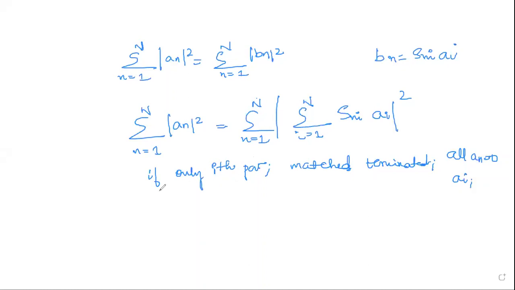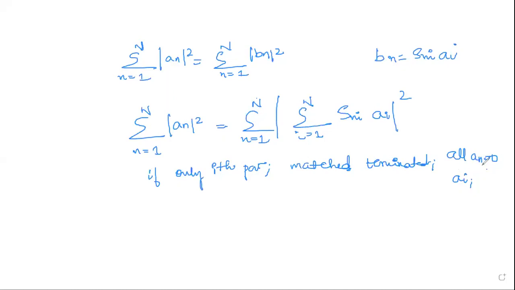You have done it previously in the symmetry property. What we are doing is considering only the ith port, saying that all the other ports will be match terminated. Match termination is nothing but making all the other inputs 0, except that Ai. So the whole equation you considered above will be simplified.